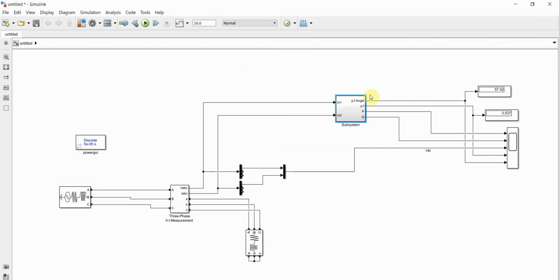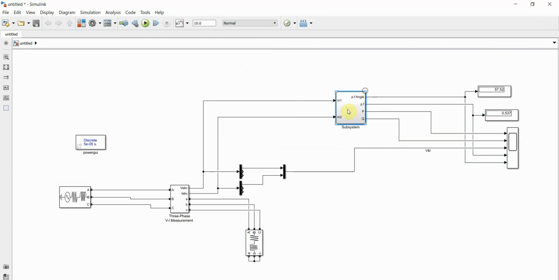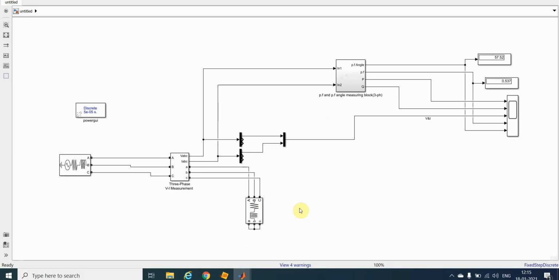So now it will become a power factor and power factor angle measuring block, that is 3-phase instantaneous.